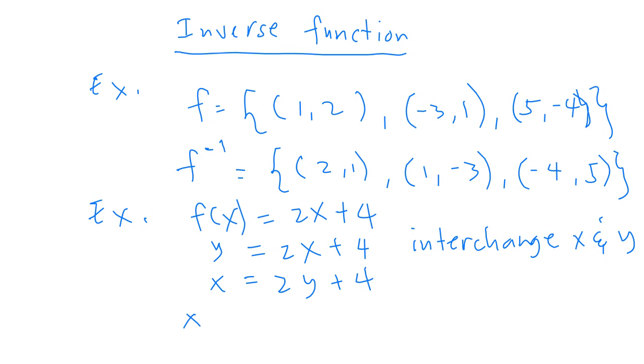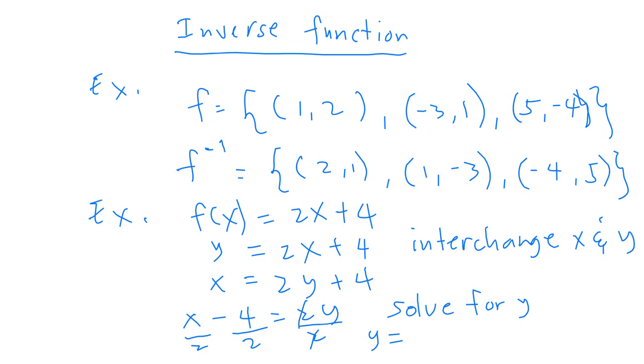Moving my 4 from right to left becomes a negative 4. And you have 2y left on the right side. And we divide all terms by 2, so we can solve for y here. So the next step is solving for y. This cancels out, so our y is equal to x over 2 minus 2.